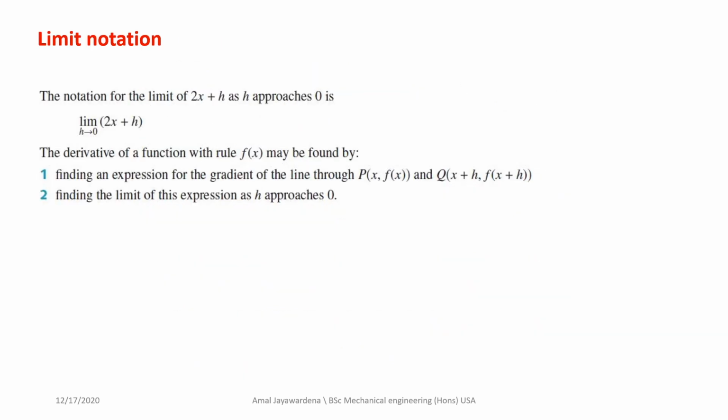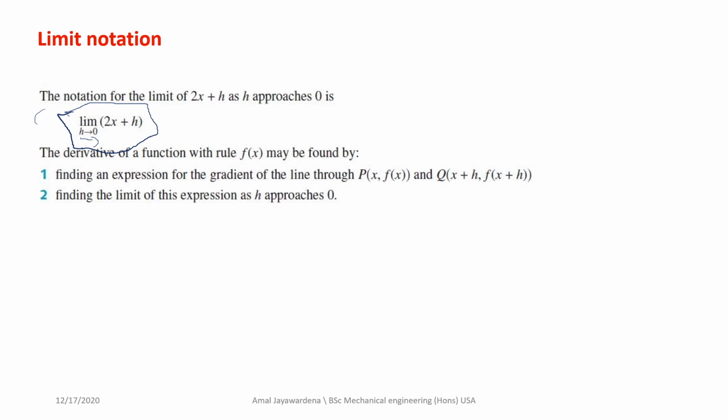Okay, so the notation for the limit of 2x plus h as h approaches 0, you're going to write it like this, right? We just put lim, which stands for limit, as h goes to 0 right here, and then within brackets we put the function that we want to find the limit of.